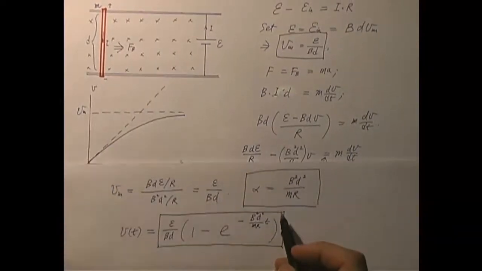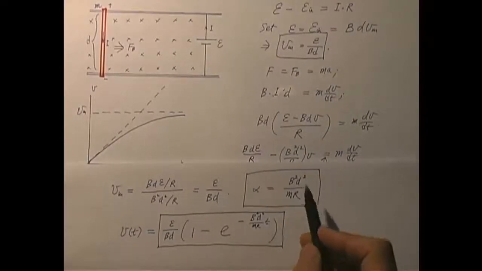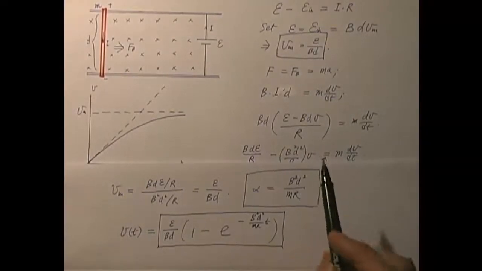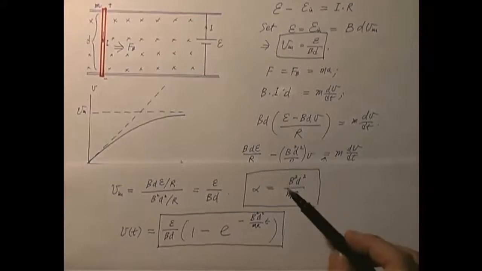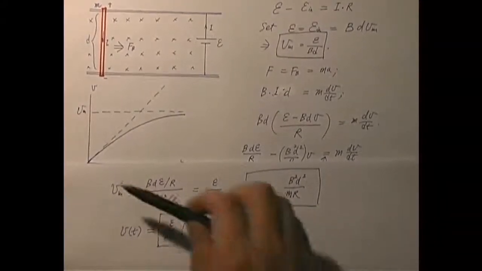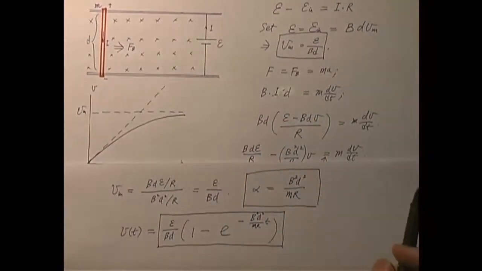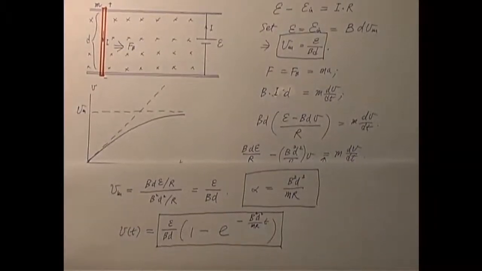Therefore, it's going to make alpha greater. That's what a small r means. So you see all these parameters, we can understand, at least qualitatively, how they can affect the value of alpha and the time to reach maximum. So this is yet another example of Faraday's law in action.